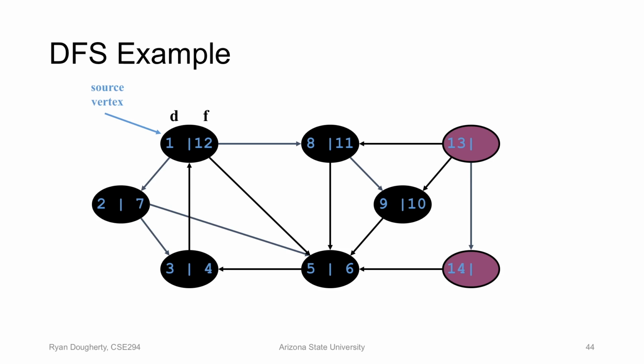Then, since this one doesn't have any white adjacent vertices, I update and I update. And now, since all vertices are black, I'm done. Whether it was connected or not didn't matter. I updated every single vertex here, and now the timestamps will tell me how I was able to explore the vertices through this start vertex.